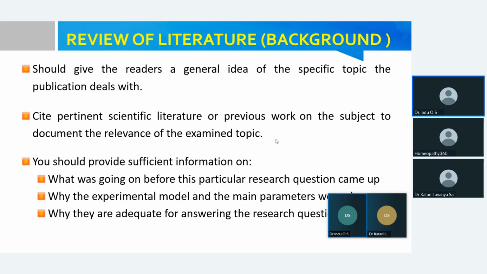So we will see the changes in the serum ferritin level before and after your medicine, right? So we have to fix some parameters and see what changes are happening in that particular parameter. Why you have chosen this parameter, and why they are adequate for answering the research question, should be addressed in the review of literature.